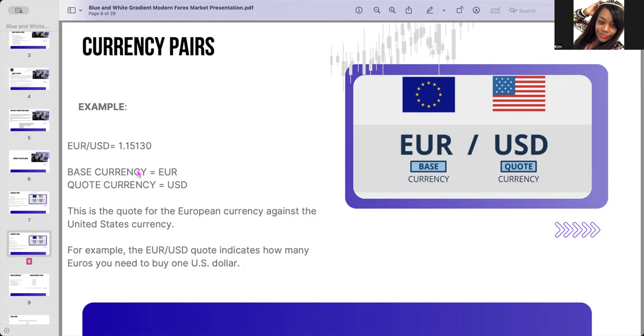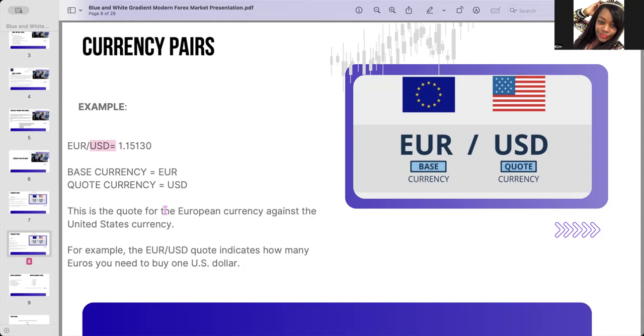1.15130. So the base currency is the euro and the quote currency is the dollar. This is the quote for the European currency against the United States currency. And because euro is the base currency, that's the value that you look at to buy one US dollar.